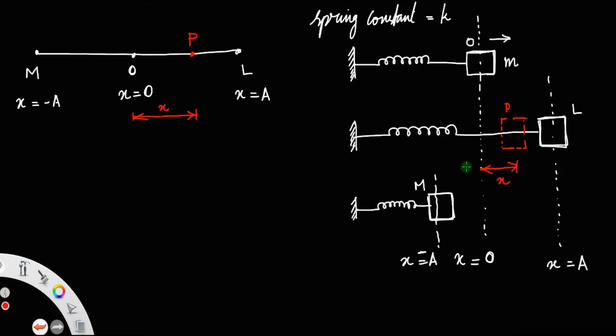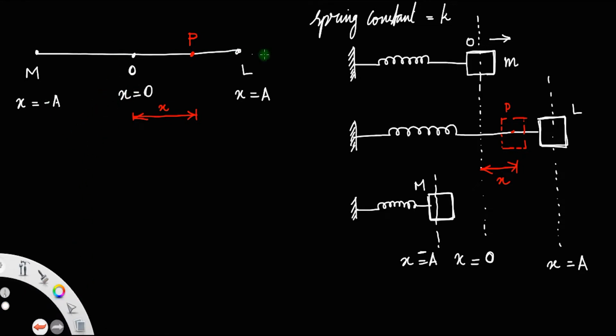We don't know where it is, but we only know the distance from the mean position is x. So we need to find the velocity of the mass at this point. For that we are using the law of conservation of energy.